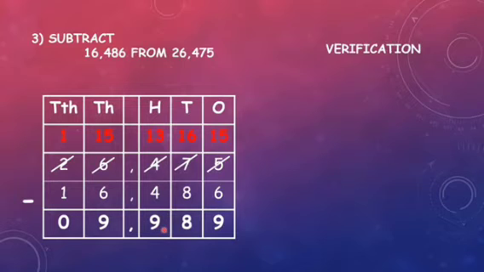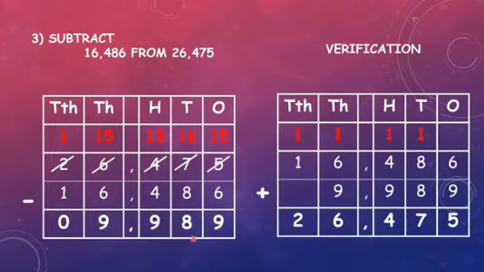Now to verify, we'll have to add the subtrahend and the difference. Once again, I place it in the place value chart. The subtrahend is 16,486 and the difference is 9,989.